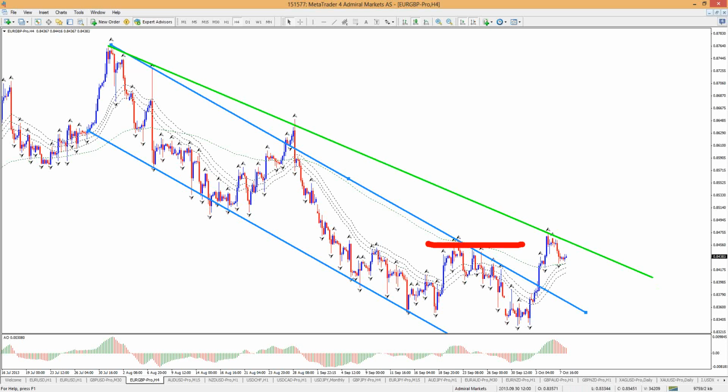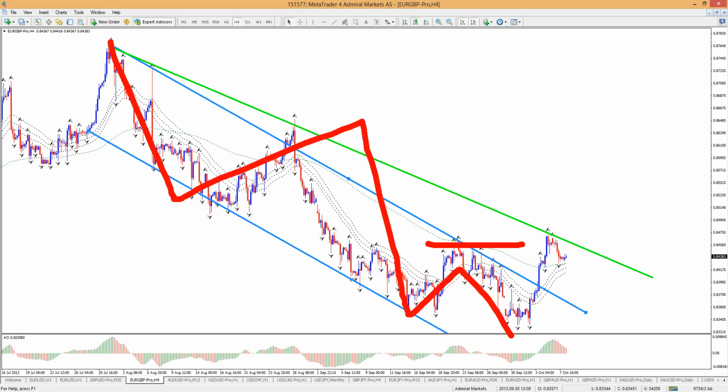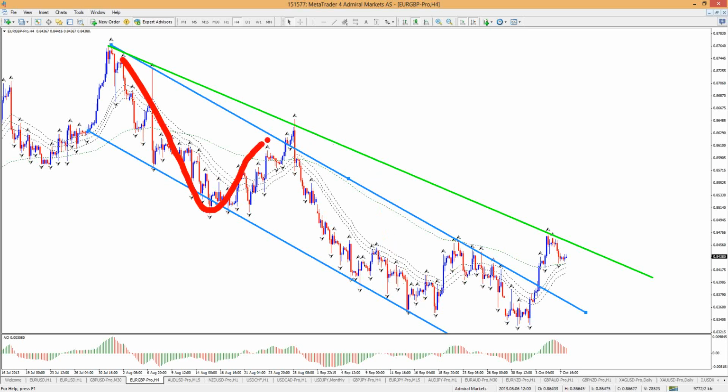But we did break above this resistance as well. So yes, an ABC correction is a 3-wave correction, indeed. And this is that last correction, which had five moves here. You can see very clear.